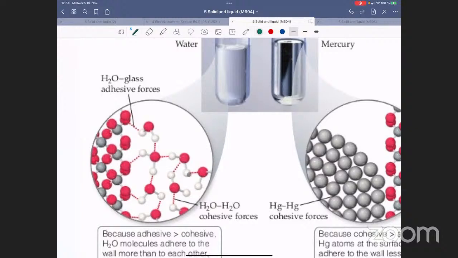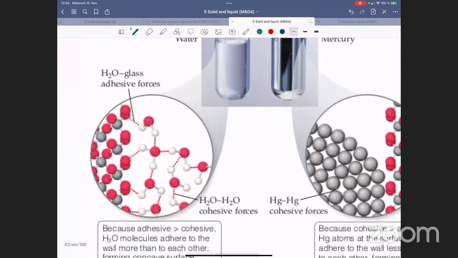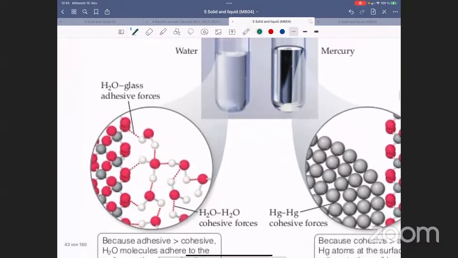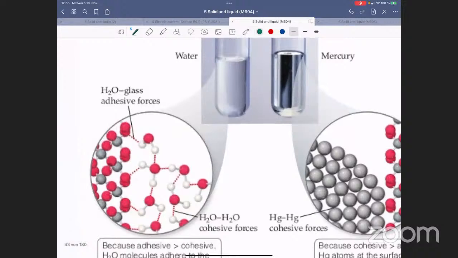Between water molecules, H2O, there is an attractive force inside, and it's called cohesive force. In this scenario, the adhesive force, the attractive force between glass and water, is greater than the cohesive force, the attractive force among several H2O molecules.